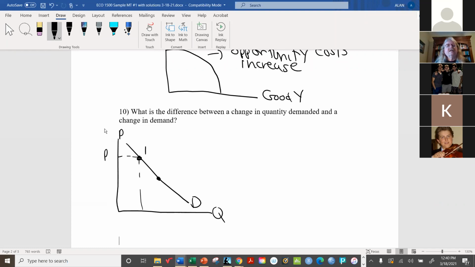In the first case, we have 2 points on the same demand curve. So if we move up or down this demand curve, this is known as a change in quantity demanded.